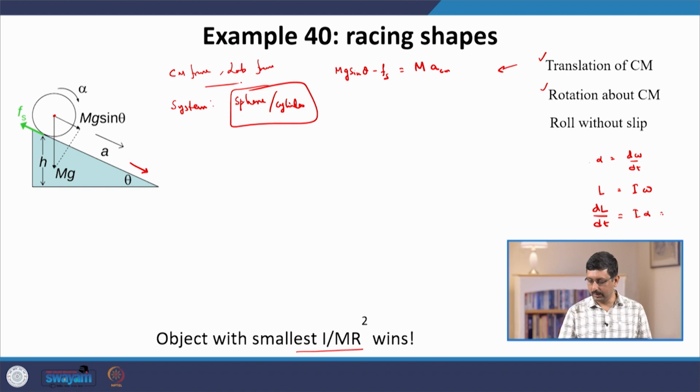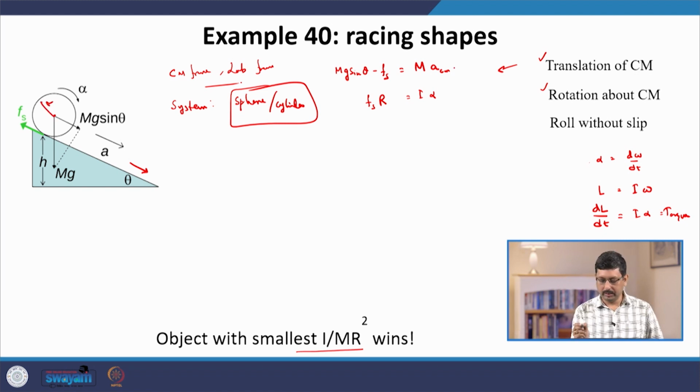So, what is the torque on the object? It is just F_s times r, where r represents the radius.